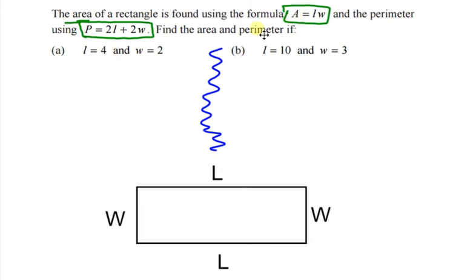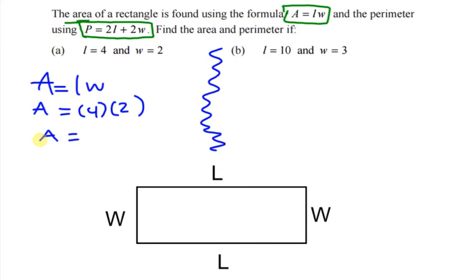So we're going to write our formula. A equals LW. Okay? So area equals, what is L? 4 times W, what is W? 2. So area equals, what's 4 times 2? 8. And that's part of the first answer.